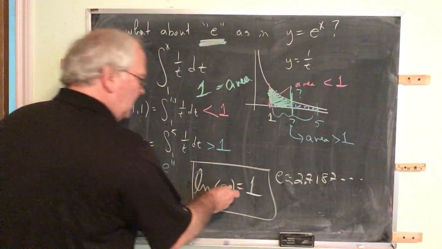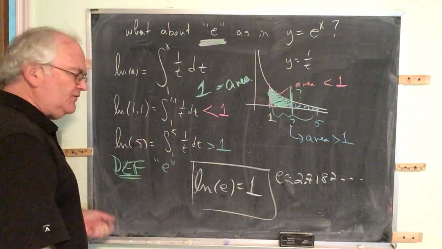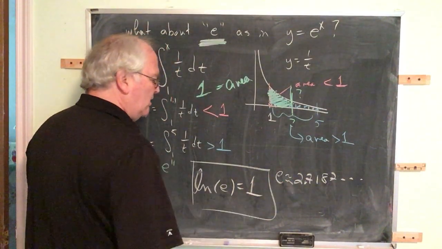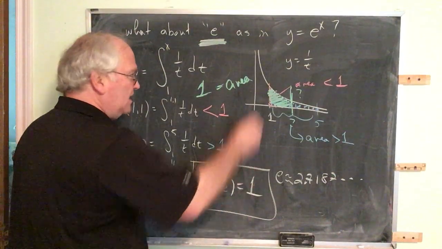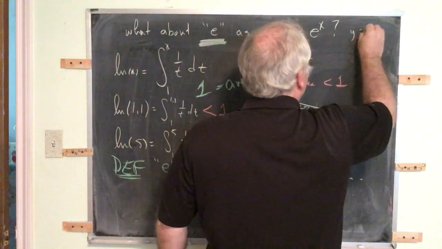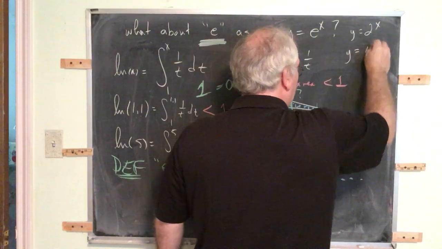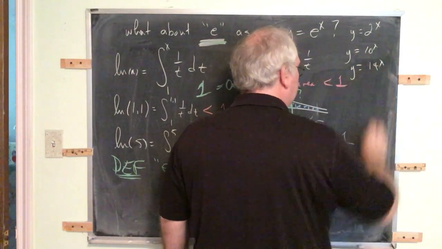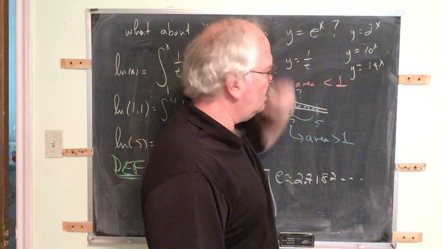Now, e is 2.718, and we recall from our basic knowledge from back in basic algebra, any value that's bigger than 0 and not equal to 1, you're allowed to use as the base for an exponential function. You may, if you wish, write 2 to the x and work with that function. You may write 10 to the x, work with that function. You may write 14 to the x and use that function. Any value that's bigger than 0 and not 1 can be used.